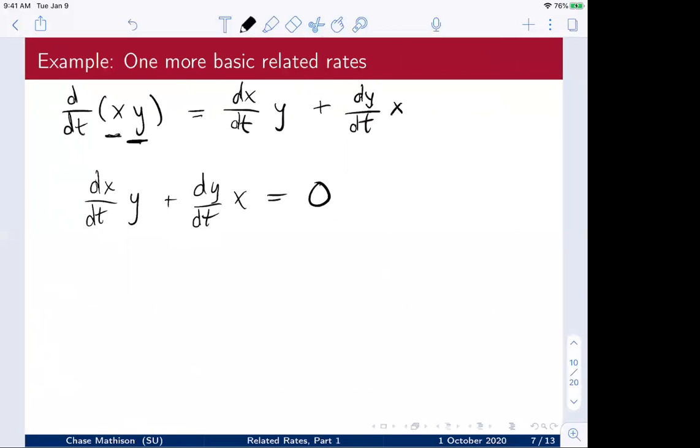So dx dt is 10 times y, I wasn't given y, plus x is 8 times dy dt equals 0. So, it seems like I don't have enough information. But my tone should obviously tell you that we do. So, I want to know dy dt just as a number. How am I going to find out when I have this y floating around here?